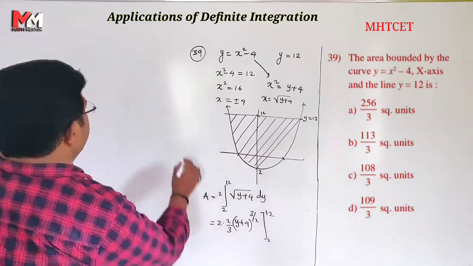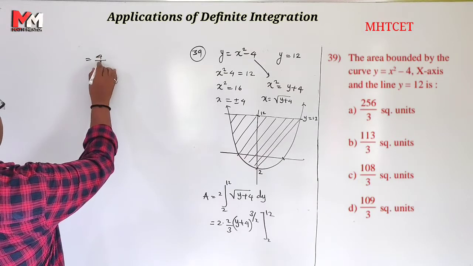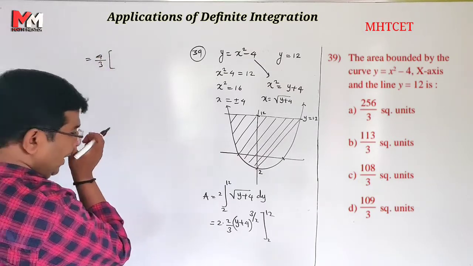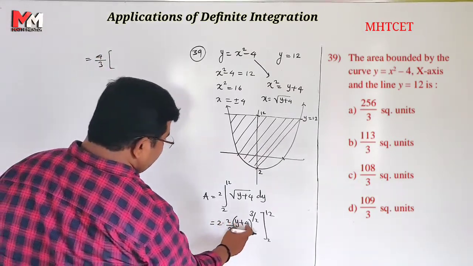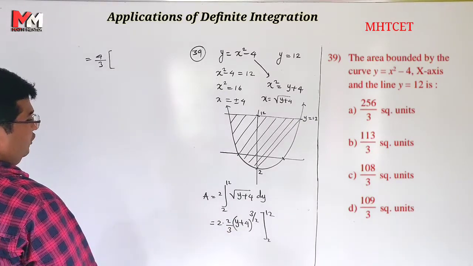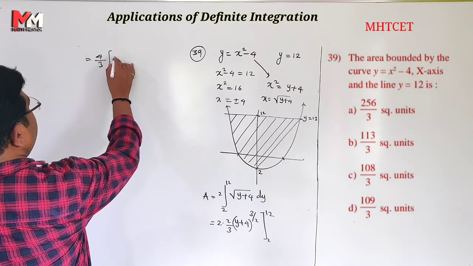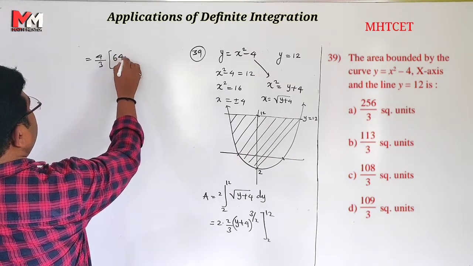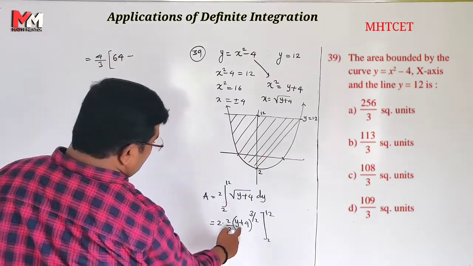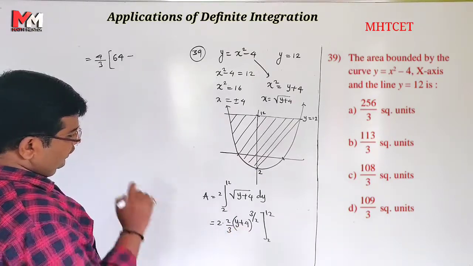Okay, so this is equal to 4 by 3 in brackets 12 plus 4 is 16, 16 raised to 3 by 2, 16 into root 16, so 16 fours are 64. 2 plus 4 is 6.